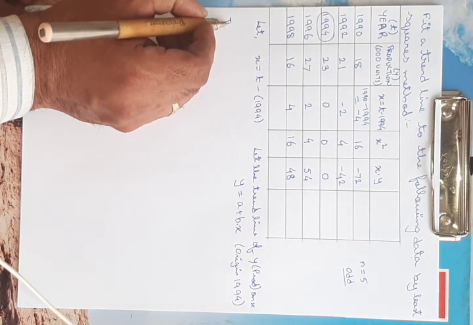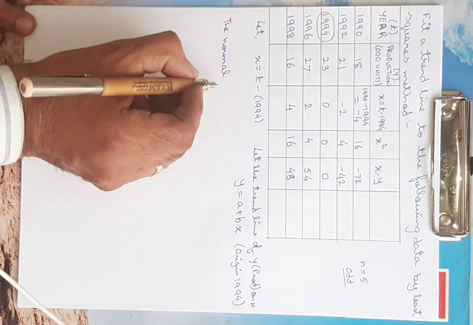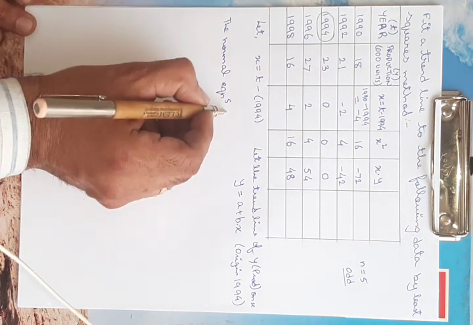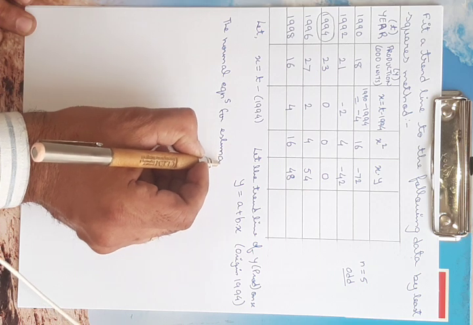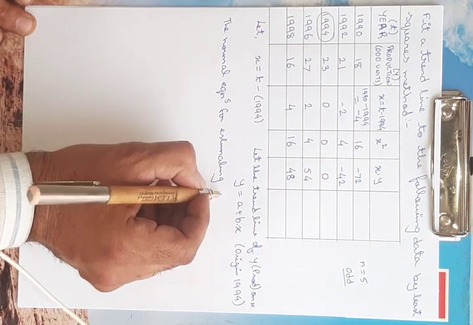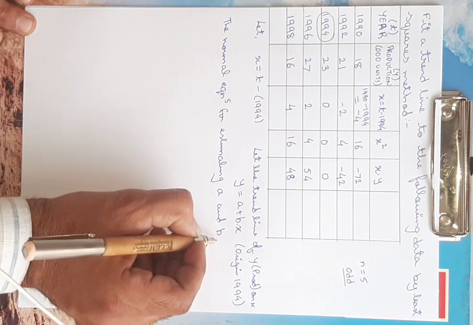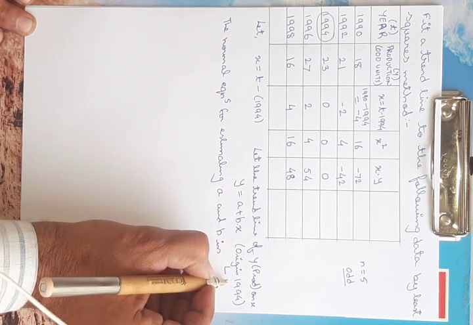Now the normal equations for estimating A and B in equation number 2.